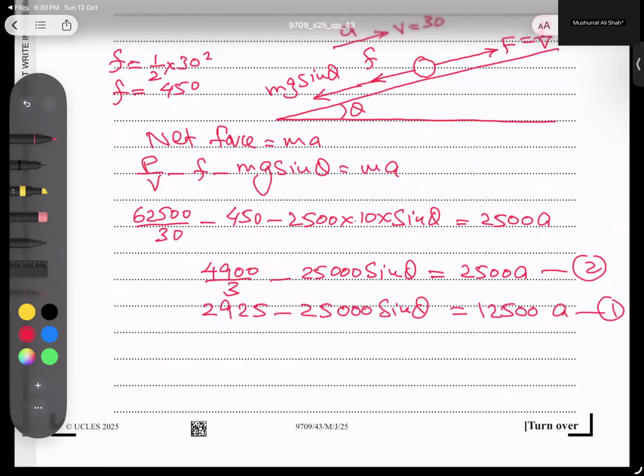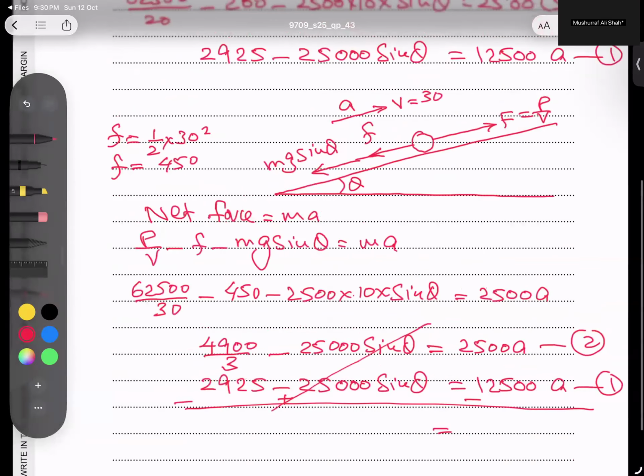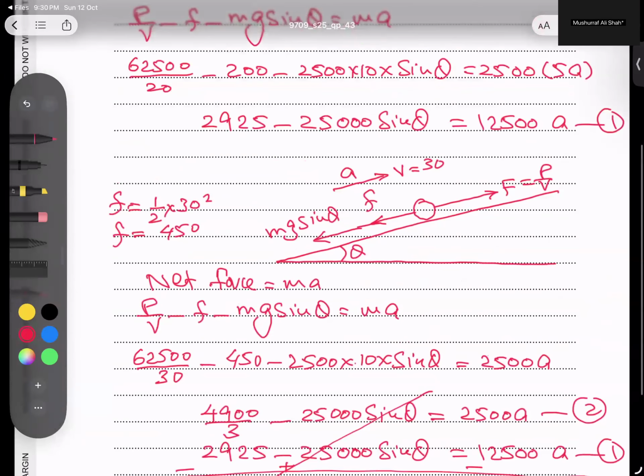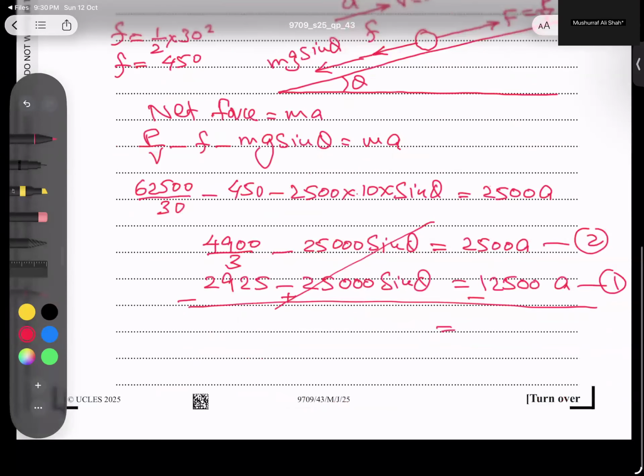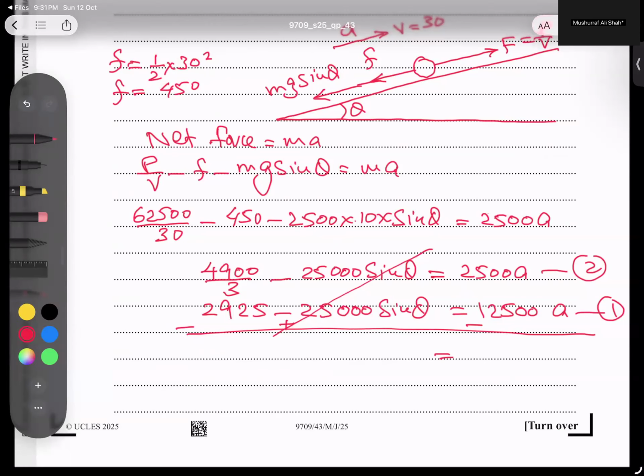Okay. So when I subtract, what happens, students? Sign change. Sign change is cancel fully. So when I subtract 12500 minus 2500, I get 4 zeros.